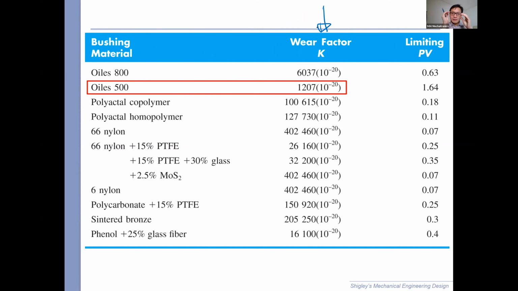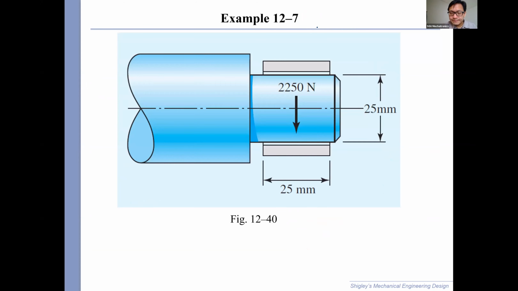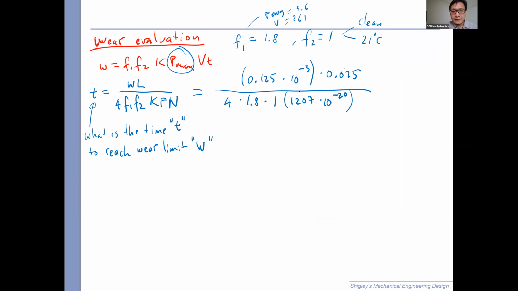So the greater the number, the harder it is to wear, right? So K for Oilless 500 is given: 1207. Here, the K is in the denominator for the formula T. T is the time to wear, right?